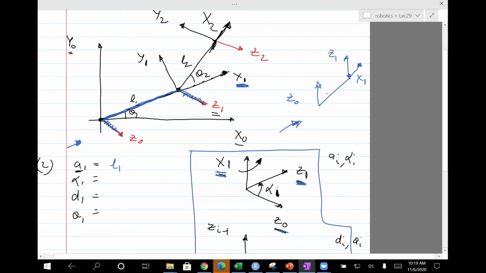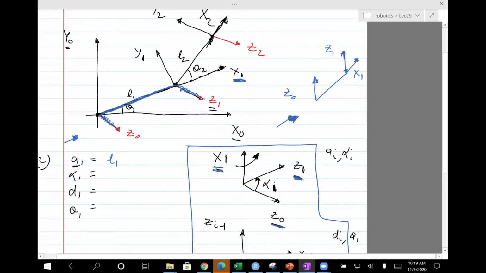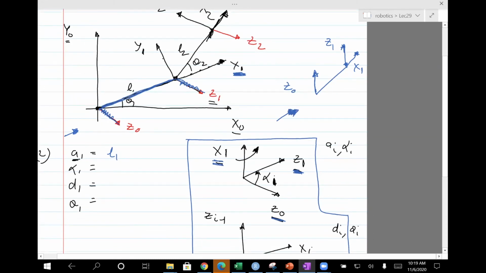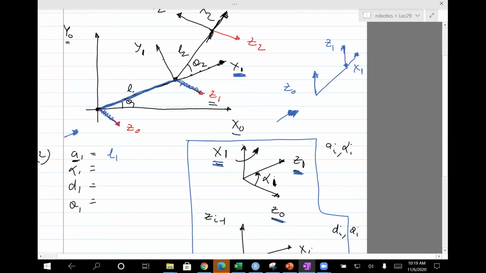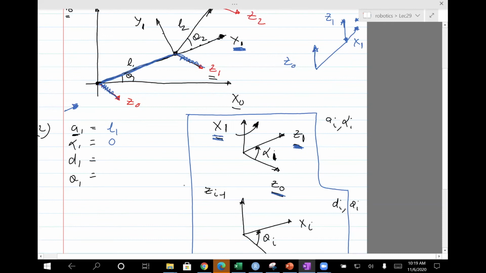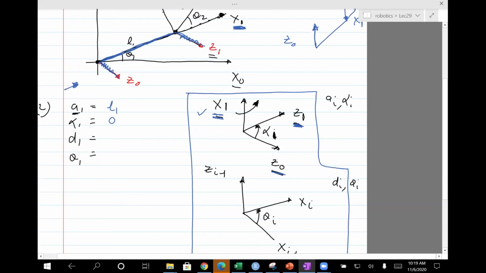I need to find the angle between z0 and z1 along x1, but you can see that z0 and z1 are parallel to each other. You always need to view it along the positive axis, my bad. So it's actually going to be 0 because they are parallel to each other. This completes the first two entries.